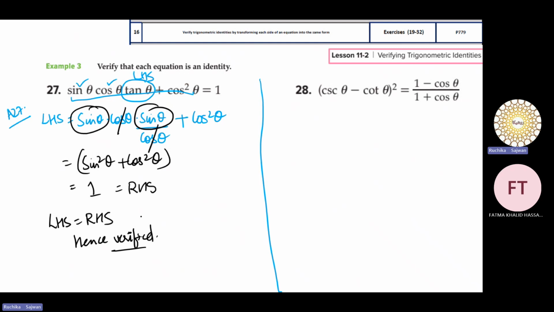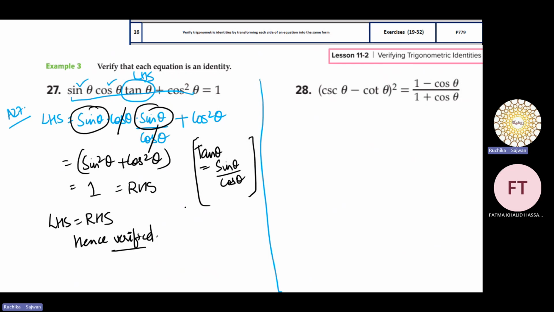So this is how I need all the steps when you are doing it in a free response, paper-based question. Mention in brackets which identity you use. For example, I use tan theta as sine theta by cos theta here when I substitute.